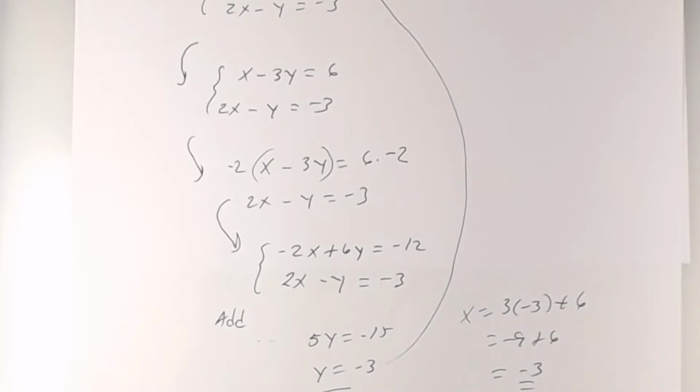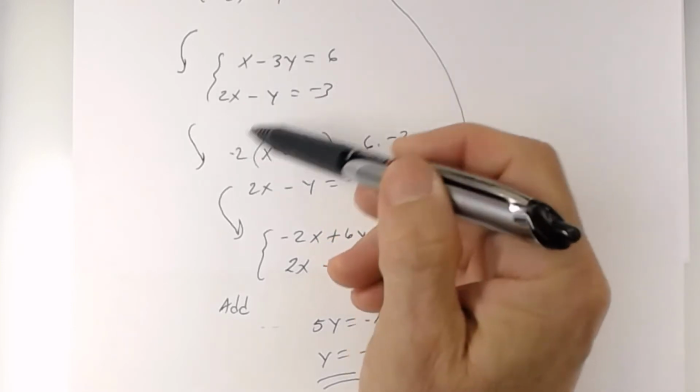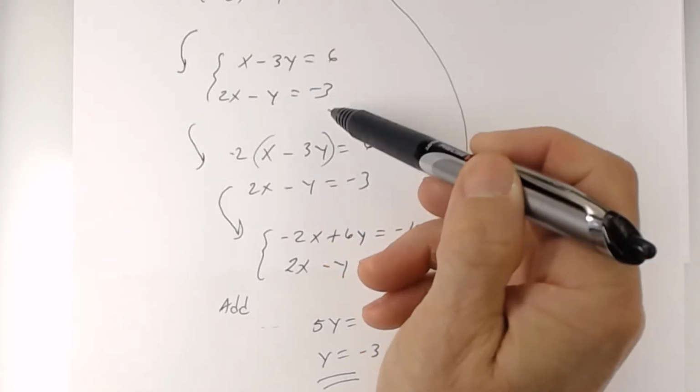When doing elimination, remember you got to eliminate one of the variables. So your variables have to be aligned. They're not aligned here. So you got to bring all the variables to one side, constants to the other, and align the variables. Put the x's on each other, put the y's on each other. So x's, y's, and your constants.